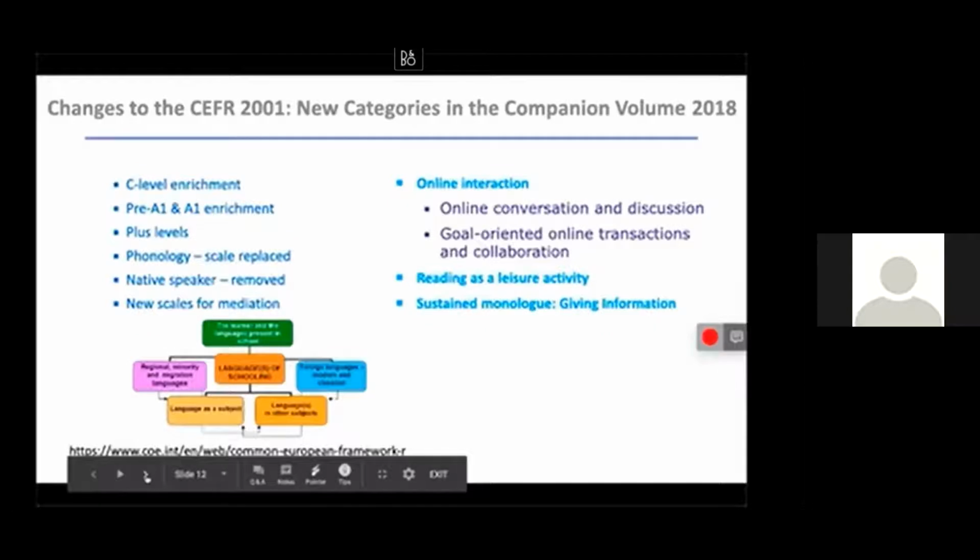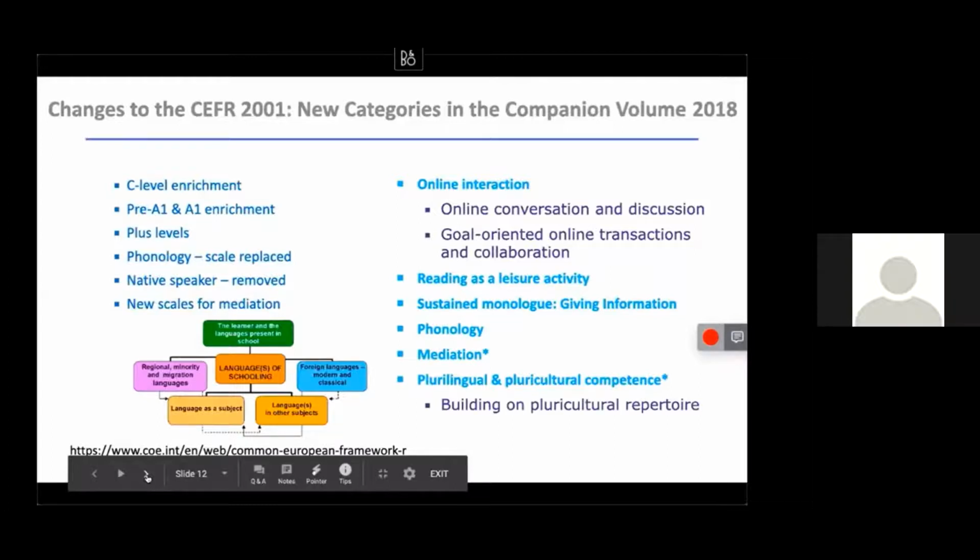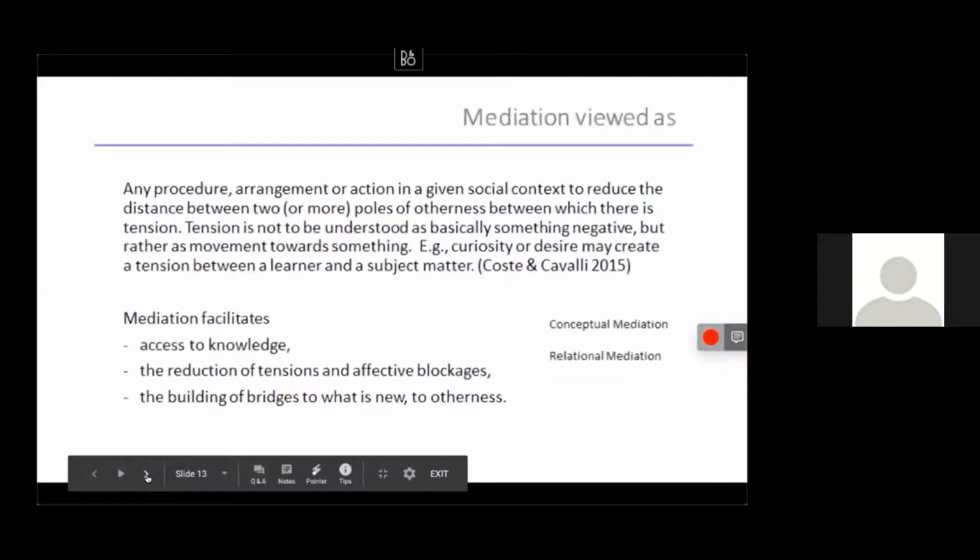Another one on sustained monologue, giving advice. There are the new scales for phonology, which I would highly recommend you to access, and then scales for mediation, and scales for plurilingual and pluricultural competences, how students can build on their different languages to improve their communications.